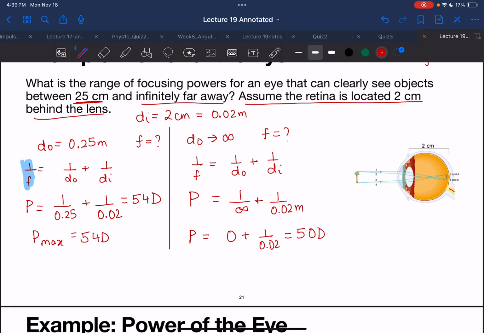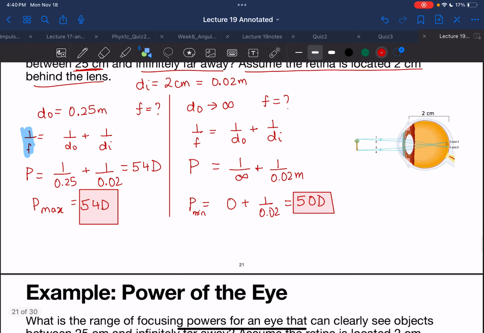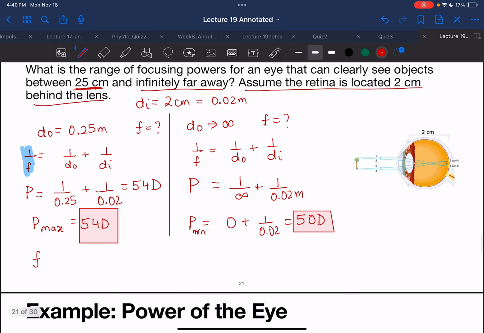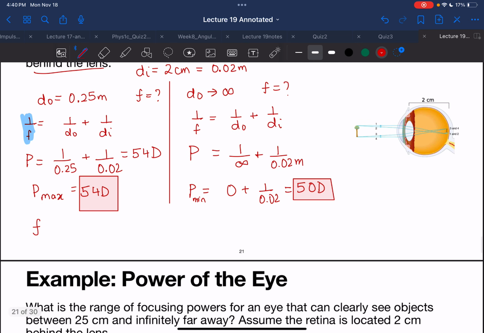So the range of power for our eye goes from 50 to 54 diopters. So min is 50, max is 54. And you can go ahead and find also the focal length for when your eye lens is relaxed versus accommodated. So when we're talking about max power, that's basically the most accommodated it can get.